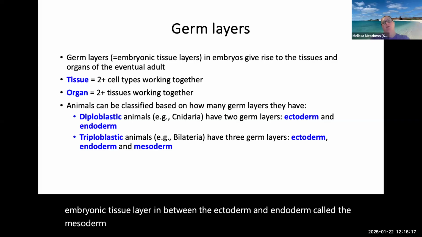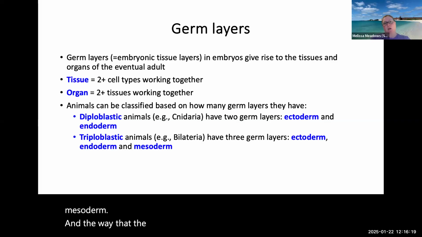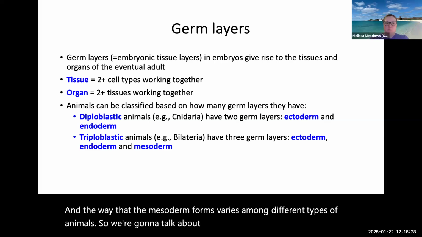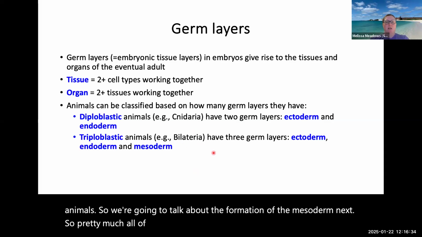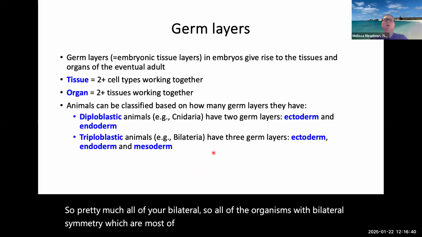And the way that the mesoderm forms varies among different types of animals. We're going to talk about the formation of the mesoderm next. So pretty much all of your bilateria, so all of the organisms with bilateral symmetry, which are most of the animal phyla, are going to be triploblastic.